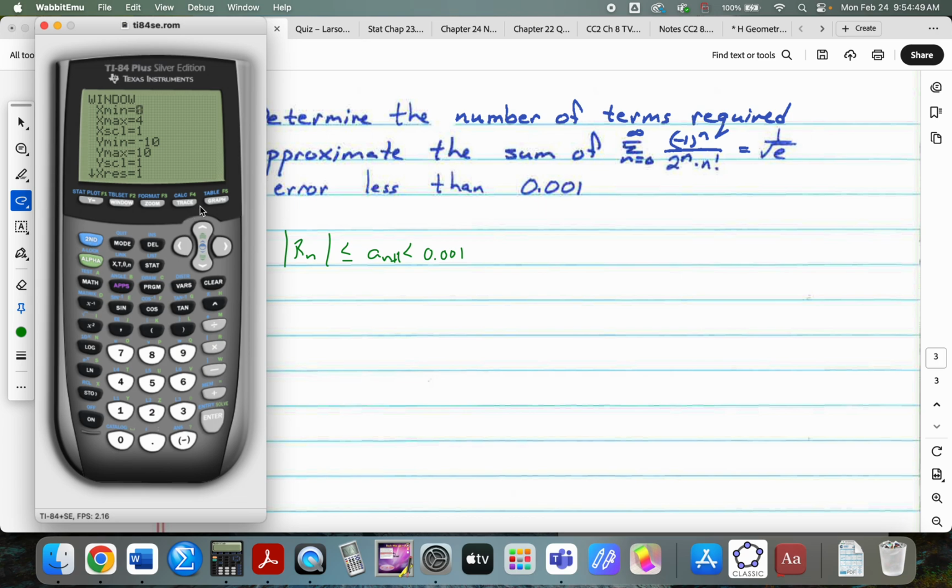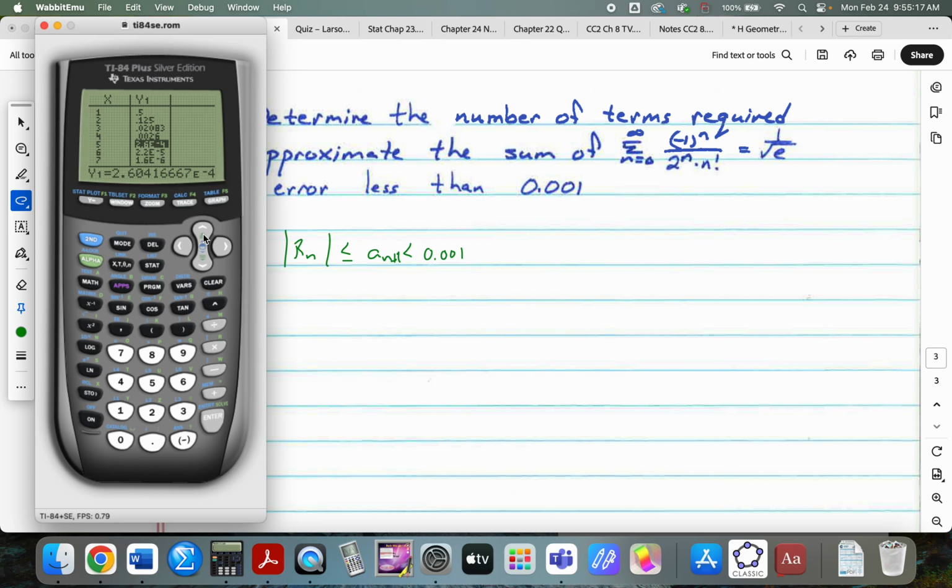Table's over here. I always think table set and table ought to be together. They're not, for reasons that I don't understand, but let's see. So that's 2 100ths, almost 3. So that's 2.6 times 10 to the negative 4th.